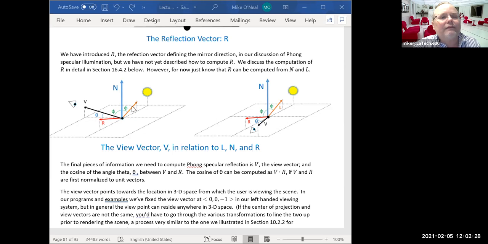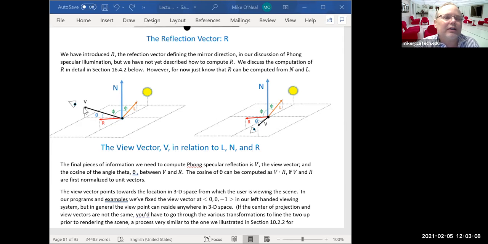So phi is in the plane of L and R. Okay, so the angle here between N and L is the same as the angle between N and R. But this theta between V and R, V can be in the same plane. My eyeball could be right here, looking directly into the reflected light ray, but almost never is that the case because the view vector is independent from the orientation of the polygon.